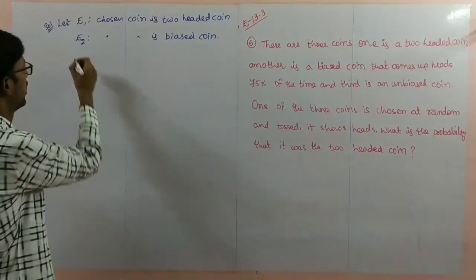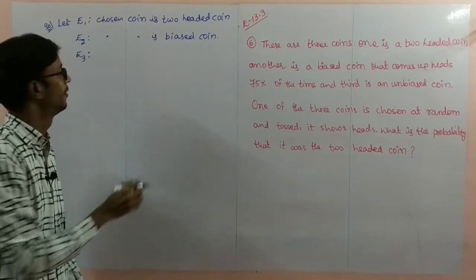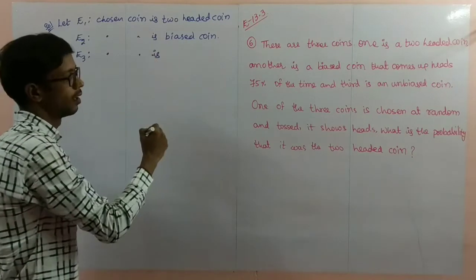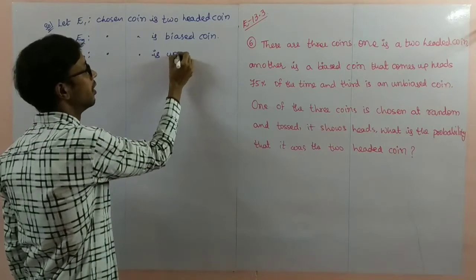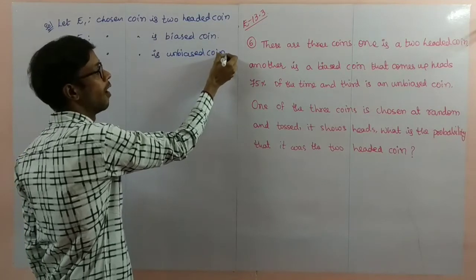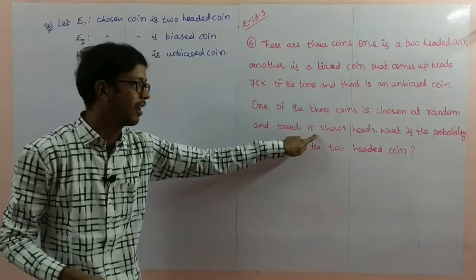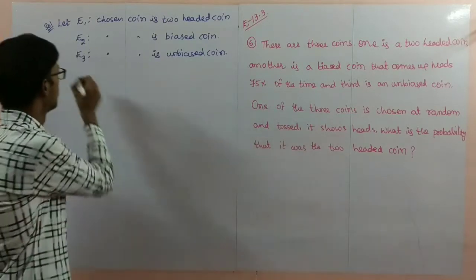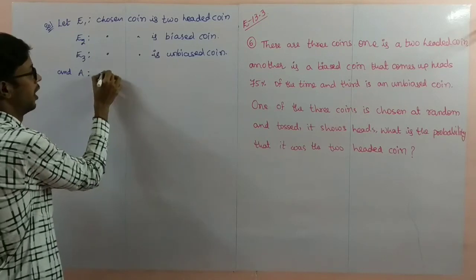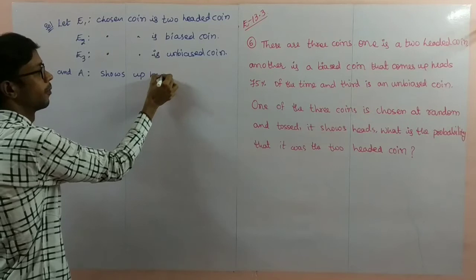Next, one more event, E3: the chosen coin is an unbiased coin. Next, another event, and let A be the event that it shows up head.